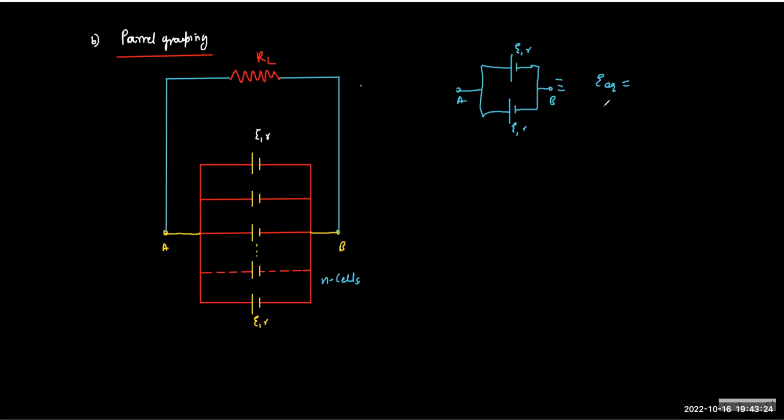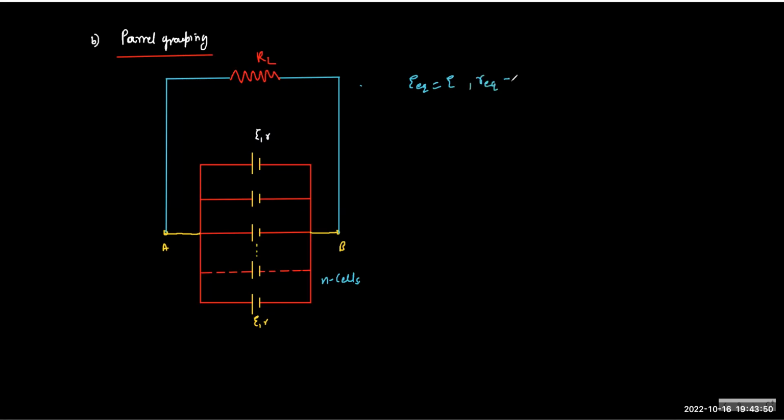So the E equivalent here is E itself, and the R equivalent will be R by 2 because they are in parallel. Is this clear? If you have n cells, then E equivalent will still be E1. For any number of parallel cells of identical value, the E equivalent will be E1.